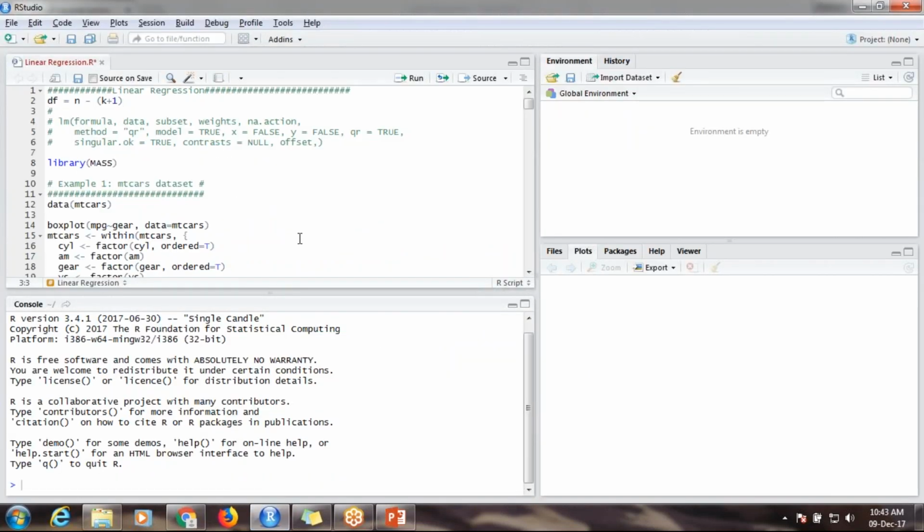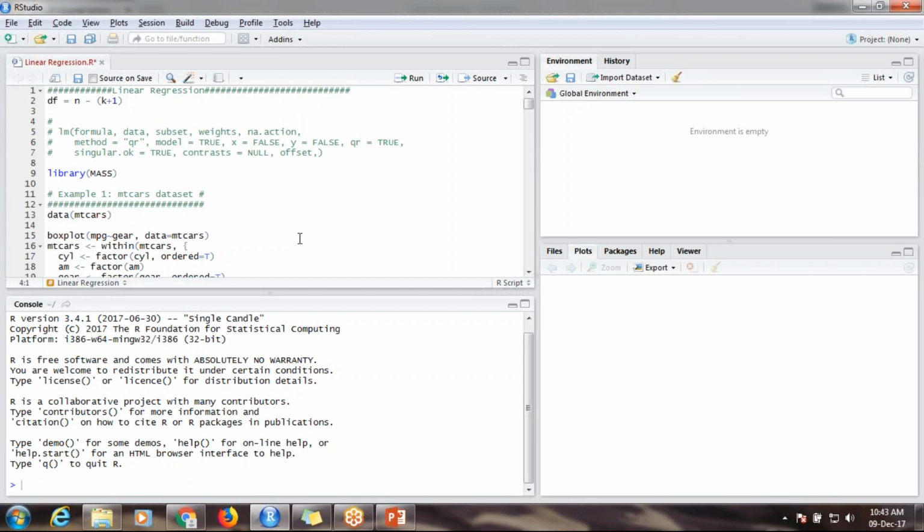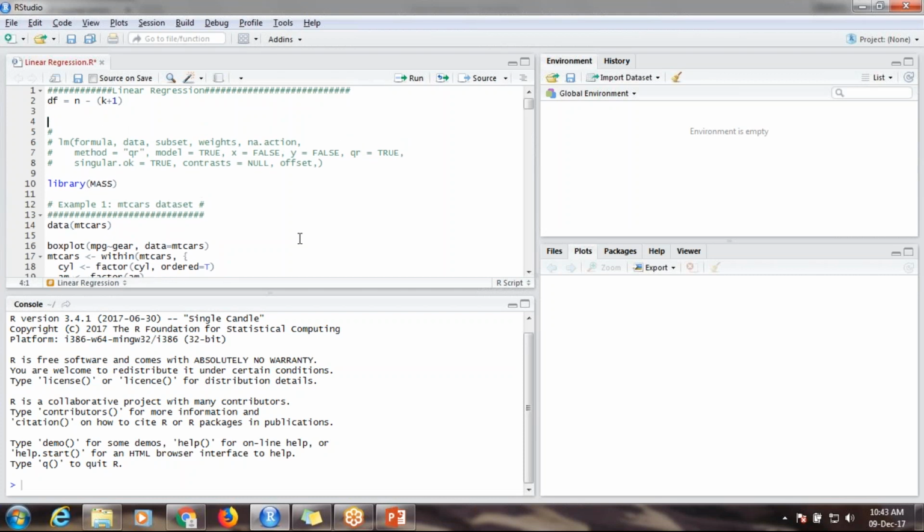Independence means that, for example, I have a value at some time t. My value of y at t is somewhat dependent on my value of y at t minus 1. So you can see it is autocorrelated. The dependency of y is upon itself, on its previous value. So this should not be there.